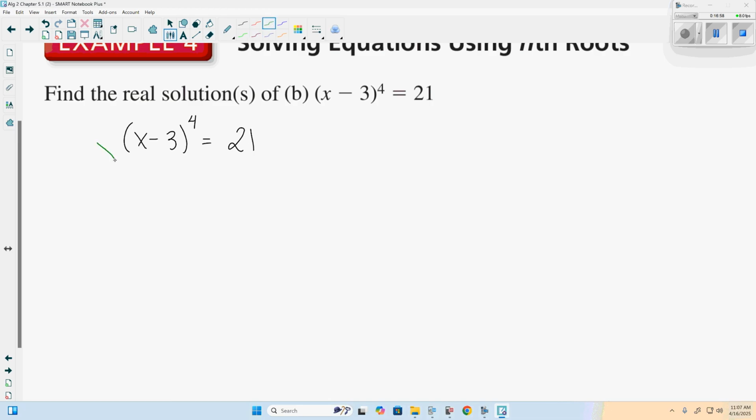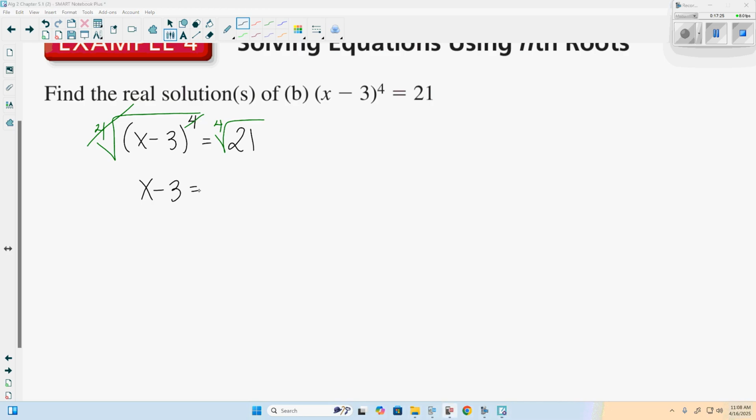So we can go straight to step 2, which is to take the nth root of both sides. And the nth root in this case would be the 4th root because the exponent is 4. And the reason we do this is because the 4th root of this 4th power will simplify, leaving us with x minus 3 is equal to the 4th root of 21.